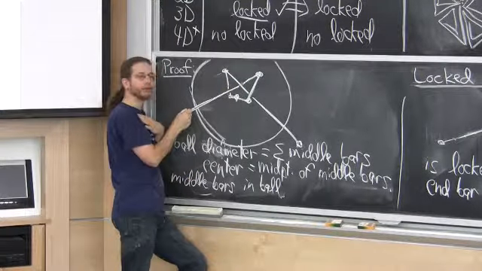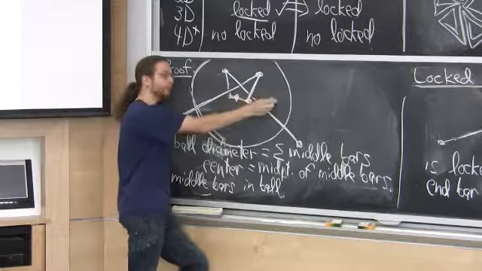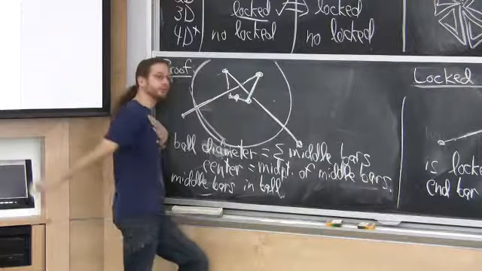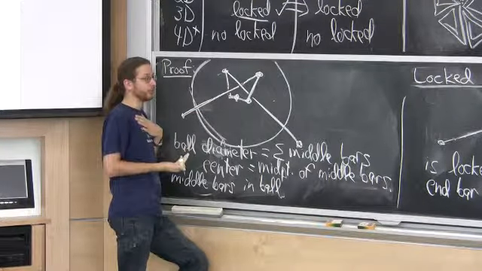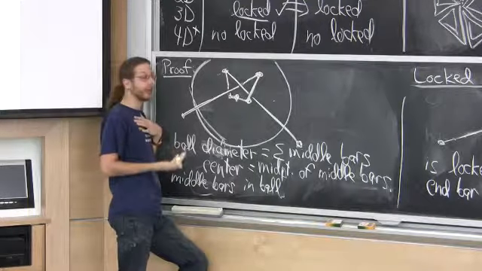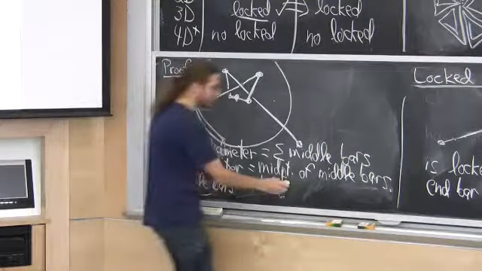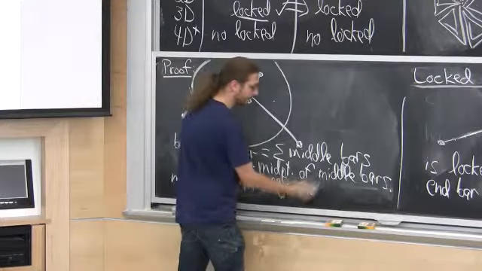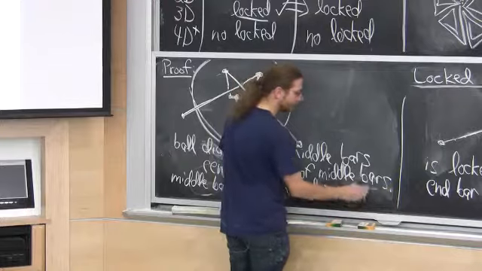This thing is greater than the sum of the middle bars. The diameter of the ball is the sum of the middle bars. So if I take any point inside the ball and move straight from there by more than the diameter of the ball, I must go outside the ball. So the endpoints are outside the ball.